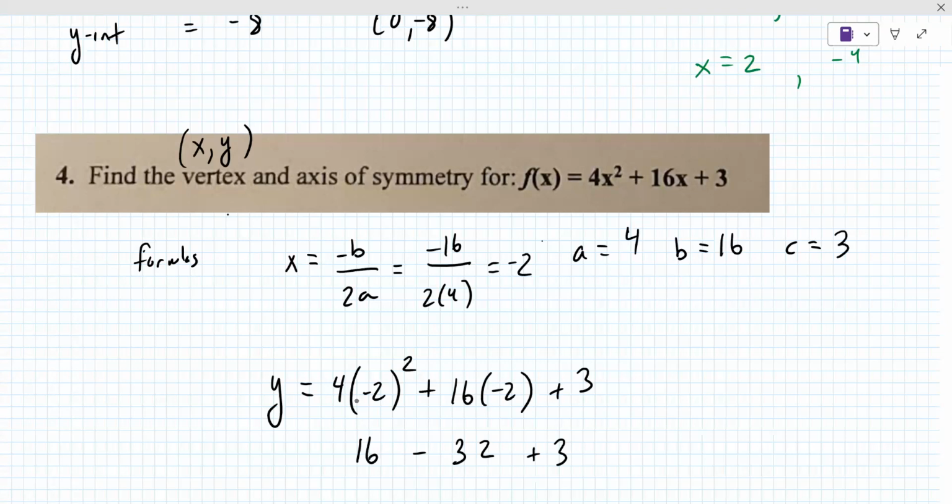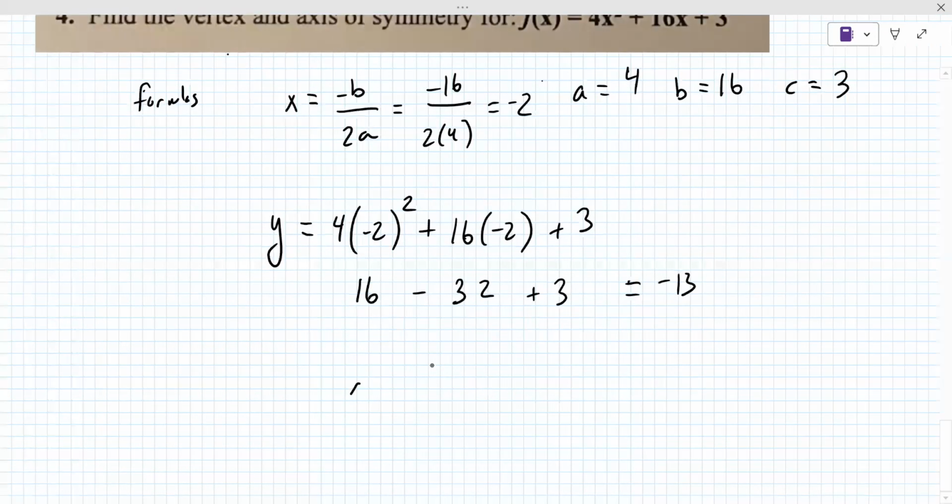Oh, yeah. I got minus 13. Yes, that is correct. Okay. So you've got to present your answer as an ordered pair. You might even throw in the word vertex at -2, -13.